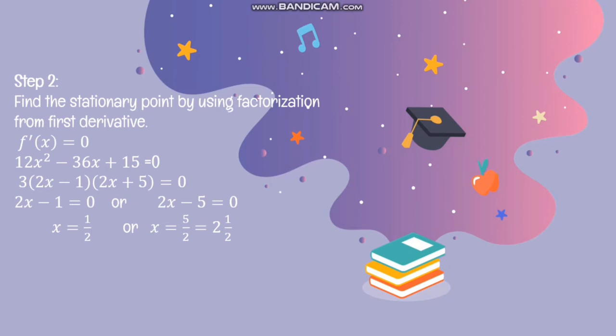The factorization 3 multiplying 2x minus 1, 2x minus 5 equals 0. 2x minus 1 equals 0, or 2x minus 5 equals 0. x equals a half, or x equals 5 per 2 equals 2 a half.